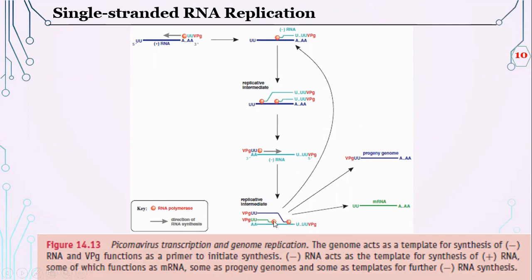The other positive sense strand will be used as a messenger RNA. Messenger RNA means the polymerase will work on it and will produce proteins in the cell. And the third one is used as a template for producing negative sense RNA viruses. Am I clear? Yes sir, thank you.